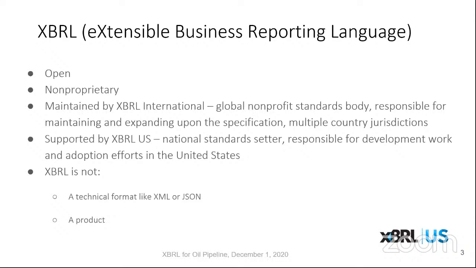They have country-specific jurisdictions around the world, in about, I believe, 26 different countries. Here at XBRL US, we are the US jurisdiction of XBRL International, and we are the national standard setter here. Our role is to do development work and to focus on adoption efforts for the XBRL standard where we think that it's going to be useful.